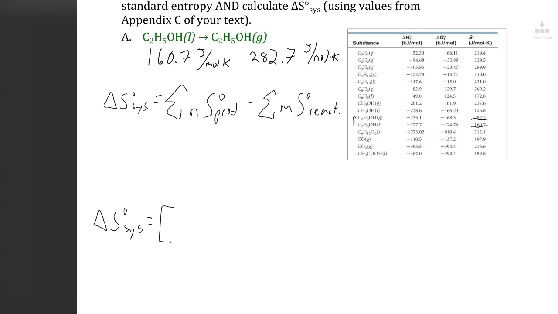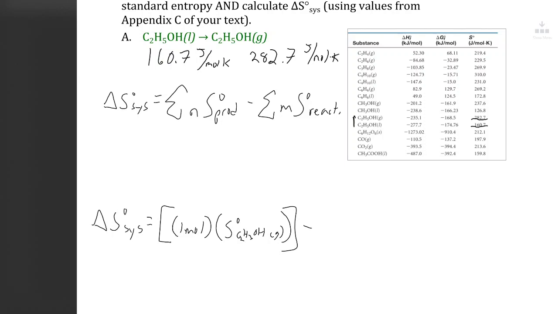Here we have 1 mole of gaseous ethanol, so 1 mole times the S naught of CH3CH2OH, the gas. That's our product side.